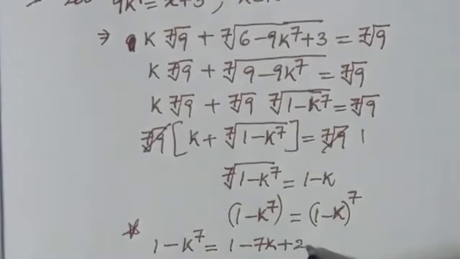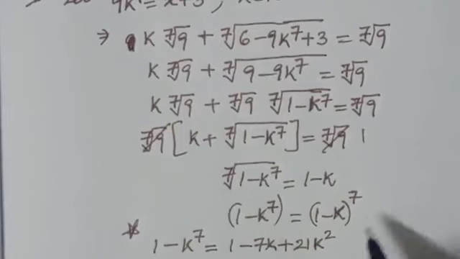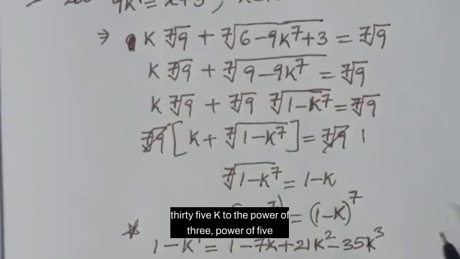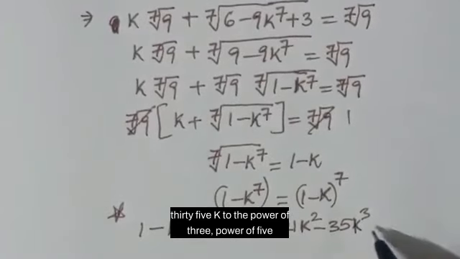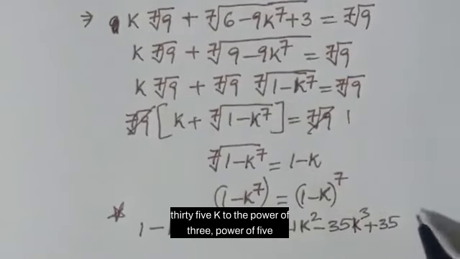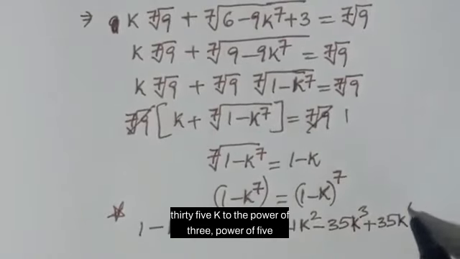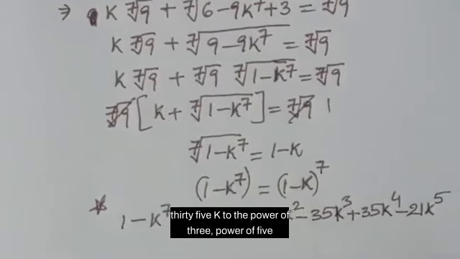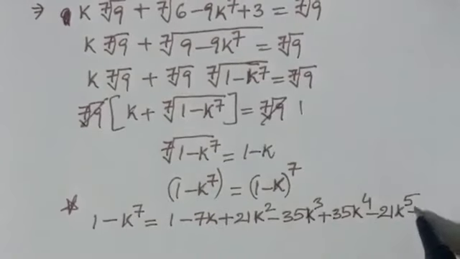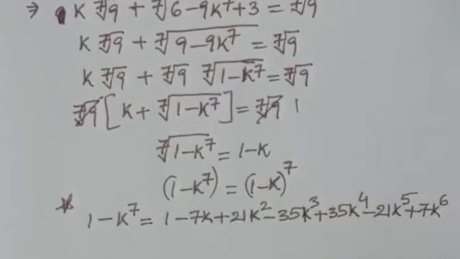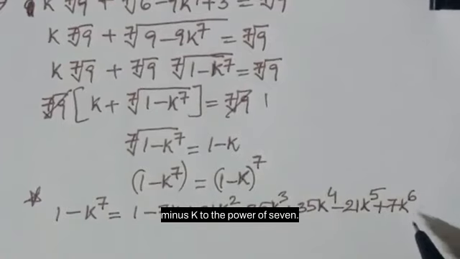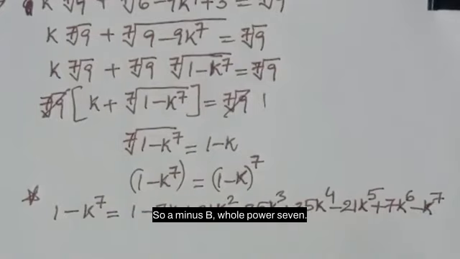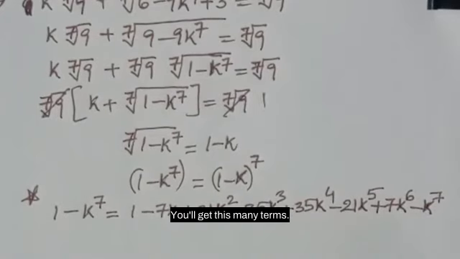Plus 21k squared, minus 35k to the power of 3, plus 35k to the power of 4, minus 21k to the power of 5, plus 7k to the power of 6, minus k to the power of 7. So for (a minus b) whole power 7 you will get this many terms.